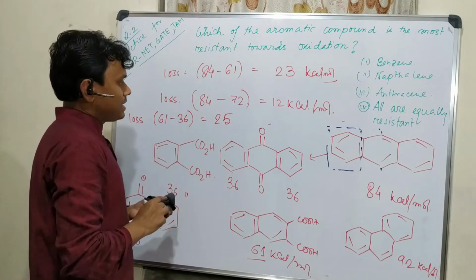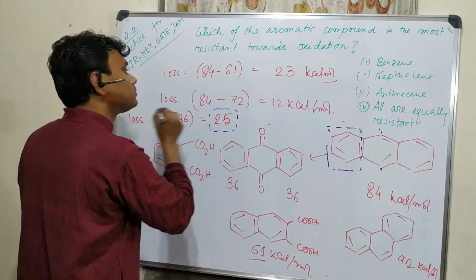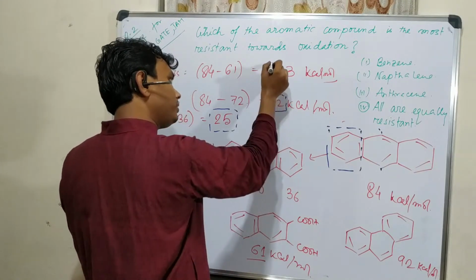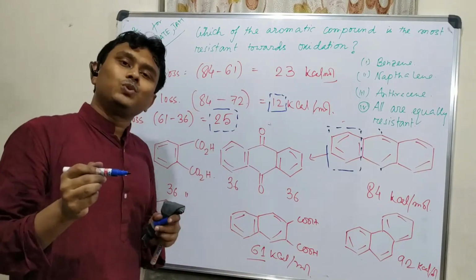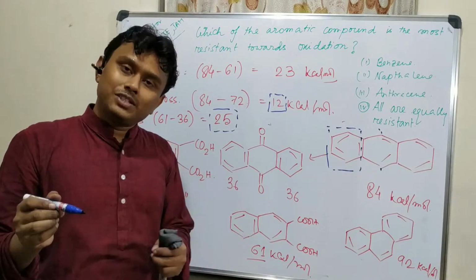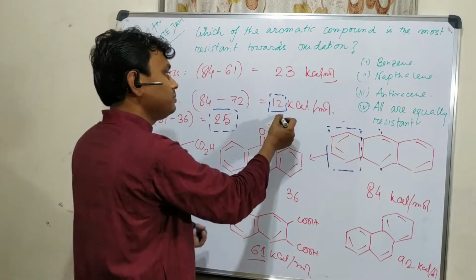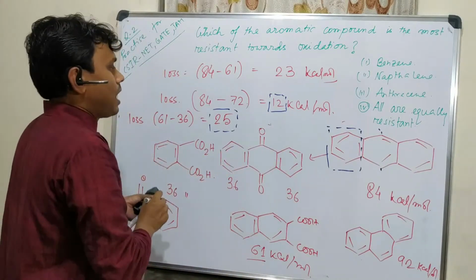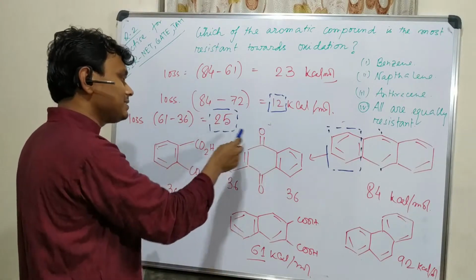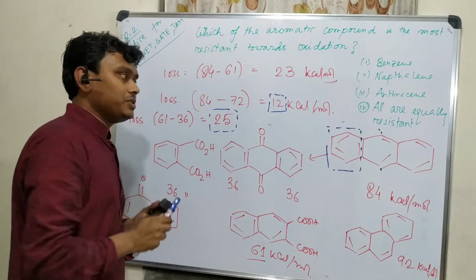In the case of anthracene, the loss is 12 or 23, but the path that will be followed is the one associated with lower activation energy, or loss of minimum resonance energy. So the first minimum is 12 for anthracene, second is naphthalene, and third is benzene.